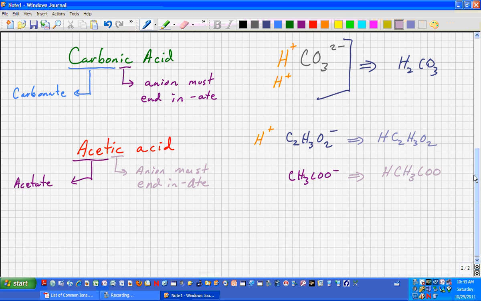Let's try something that's got an exception to it. Let's say we've got phosphorus acid. Again, I know hydrogen is going to be the front end of this. So I'm looking at my roots. OUS tells me that this must end in ITE.